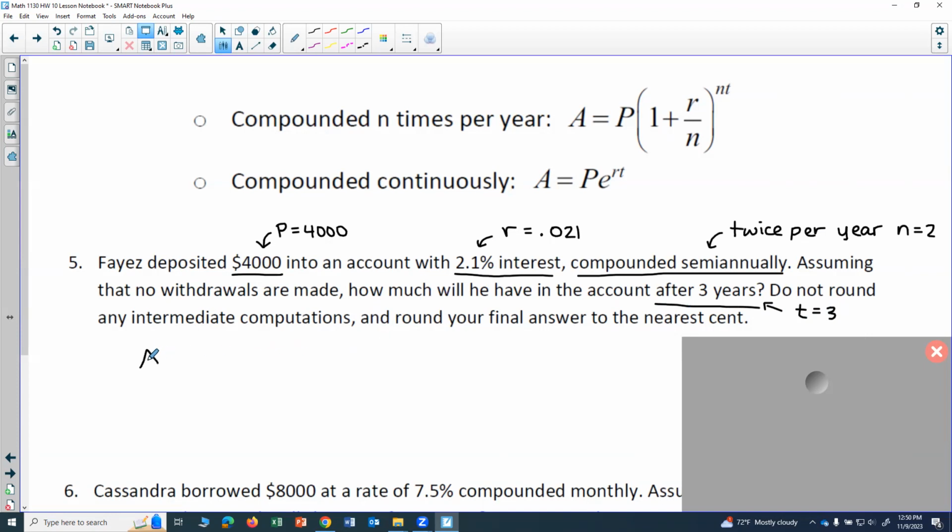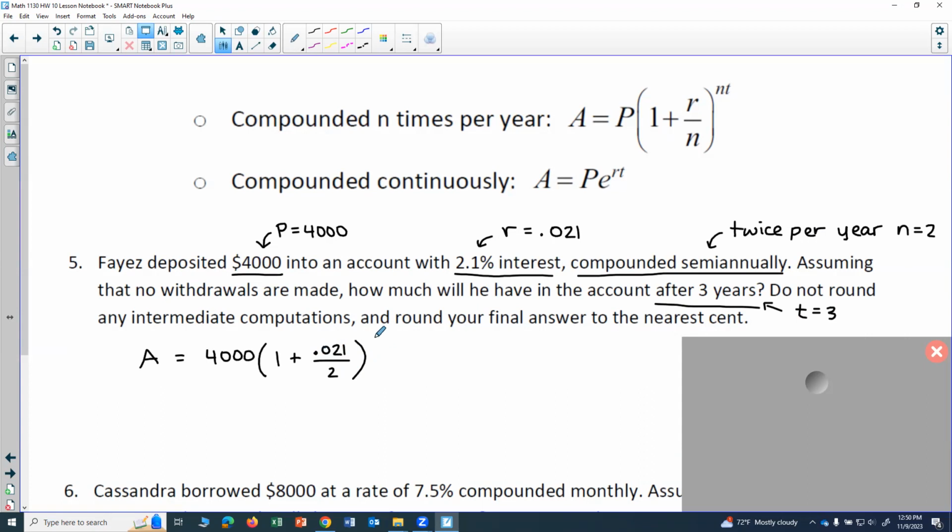So the amount after 3 years is going to equal 4,000(1 plus R, so 1 plus 0.021 divided by N, which is 2. So 0.021 over 2 added to 1.